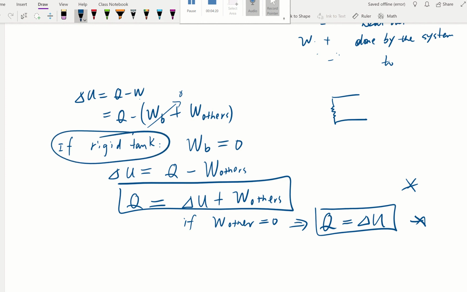If it's a rigid tank, we use those two formulas, and they're very important. Heat transfer is equal to the internal energy change delta U plus other work. If there's no other work, heat transfer is governed by the internal energy change.